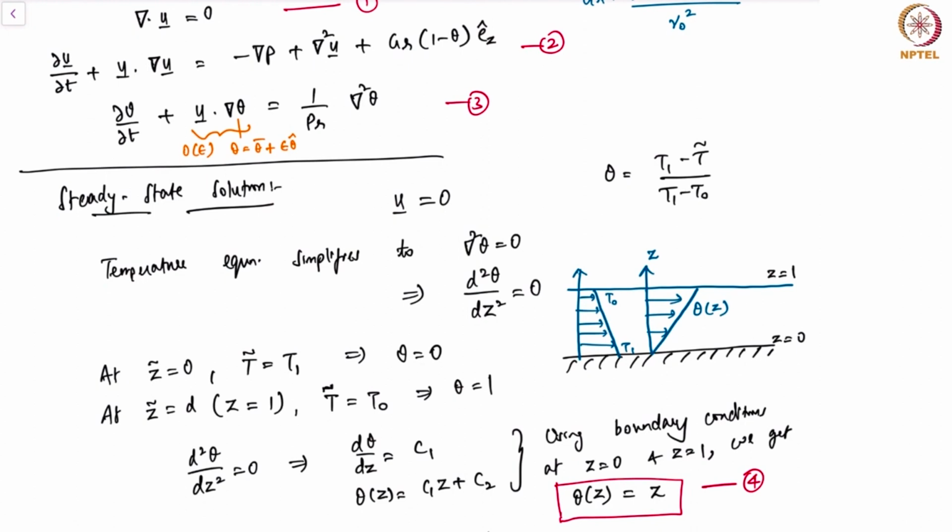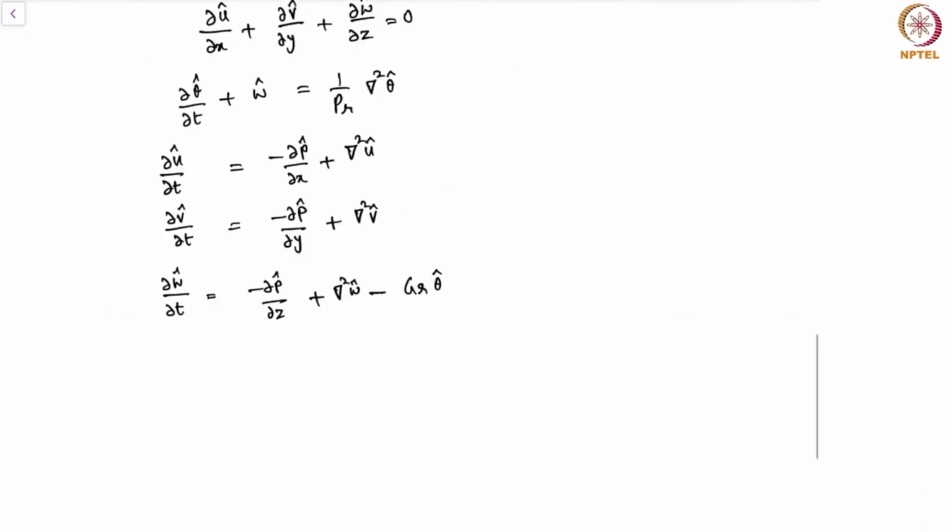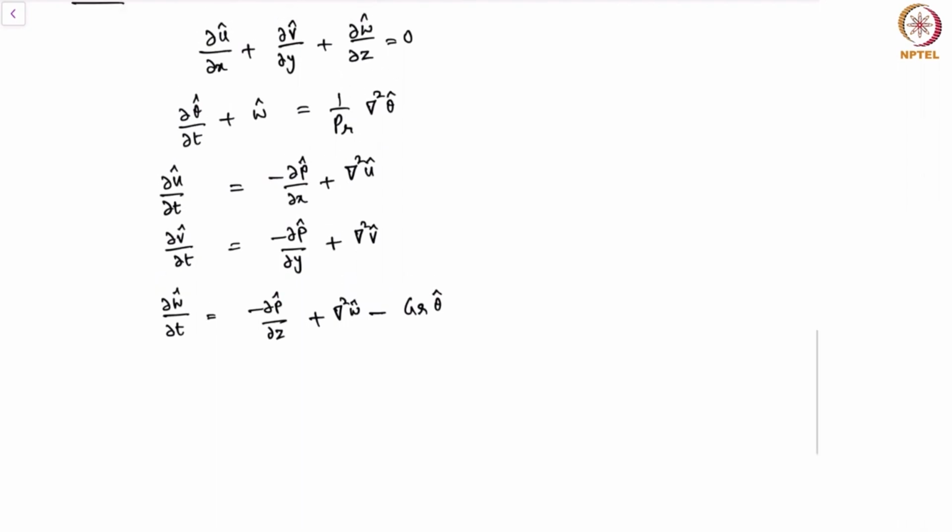If you write down the perturbation, theta is theta bar plus perturbation, and only consider the perturbation terms, meaning the base state will get cancelled with the base state pressure. So the perturbation pressure will balance the perturbation. You have the perturbation in the gravity term in the last quantity, and you have a perturbation pressure, that is del p by del z, but you also have some momentum terms, velocity terms.